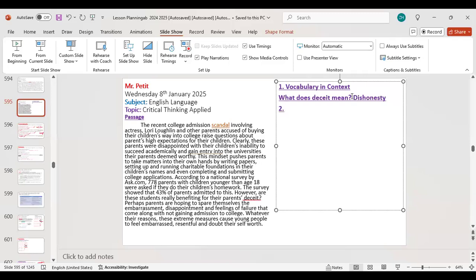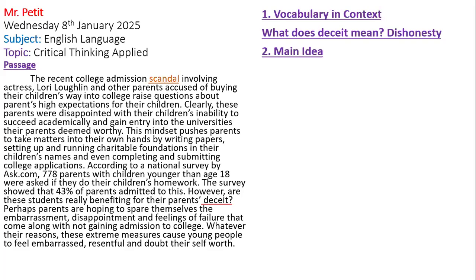Number 2. So we already did vocabulary in context. Let's look at main idea. What would you say is the main idea of this passage? I think it's on whether or not buying your children's way into college is okay. I think the main idea is how much parents help out their children.